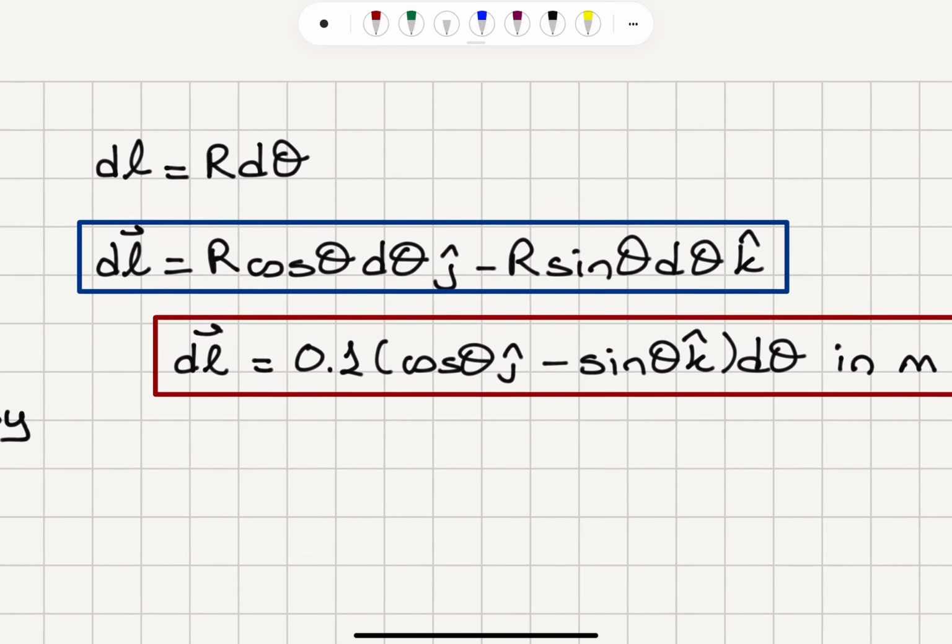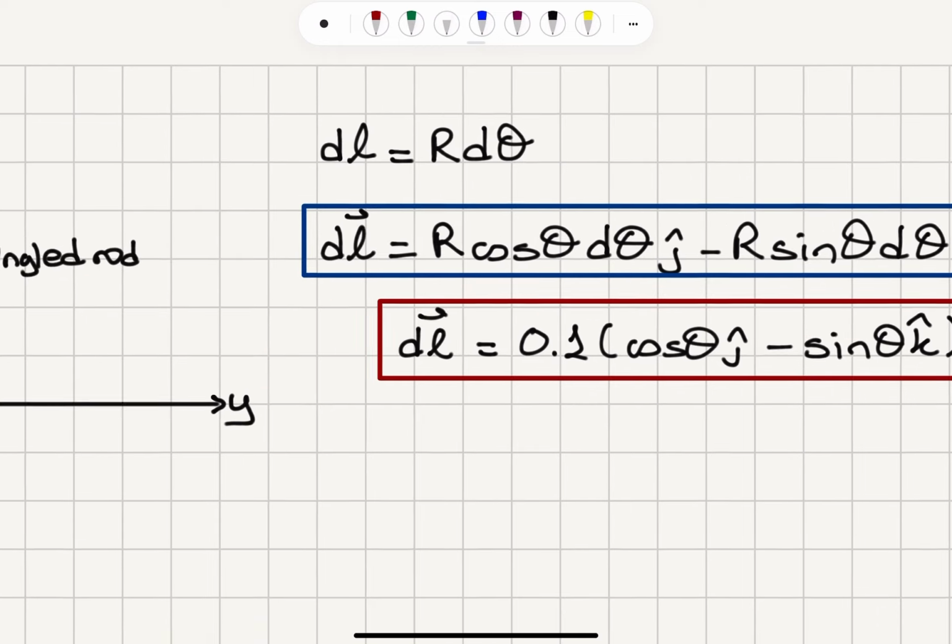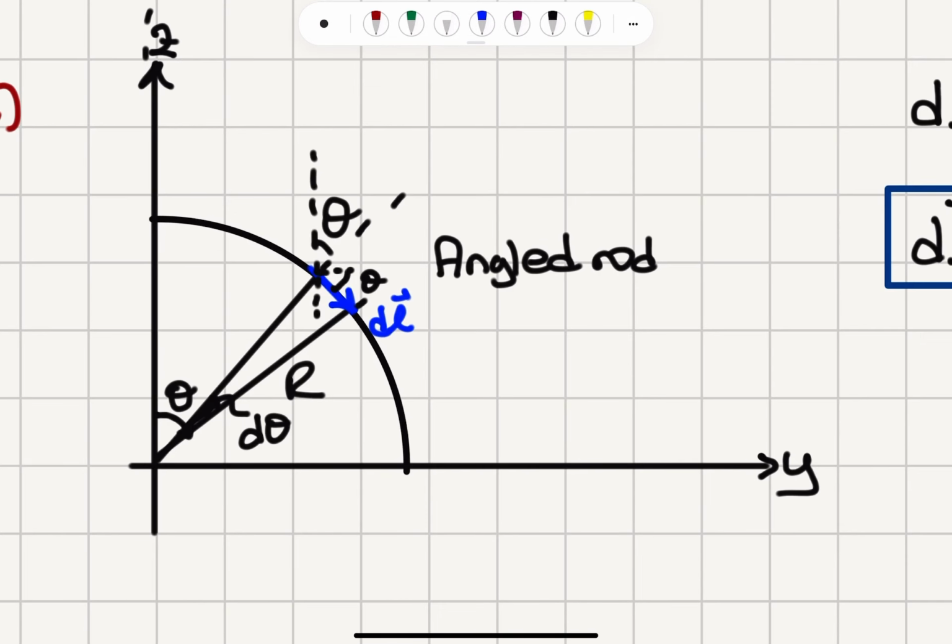And actually you can see that if you take the square root of capital R squared cosine squared d theta squared plus capital R squared sine squared d theta squared, cosine squared plus sine squared is 1, it is indeed capital R d theta. The projection onto the y-axis is capital R d theta cosine theta, onto the z-axis is minus capital R d theta sine theta, because of the minus k hat unit vector in the minus z direction.